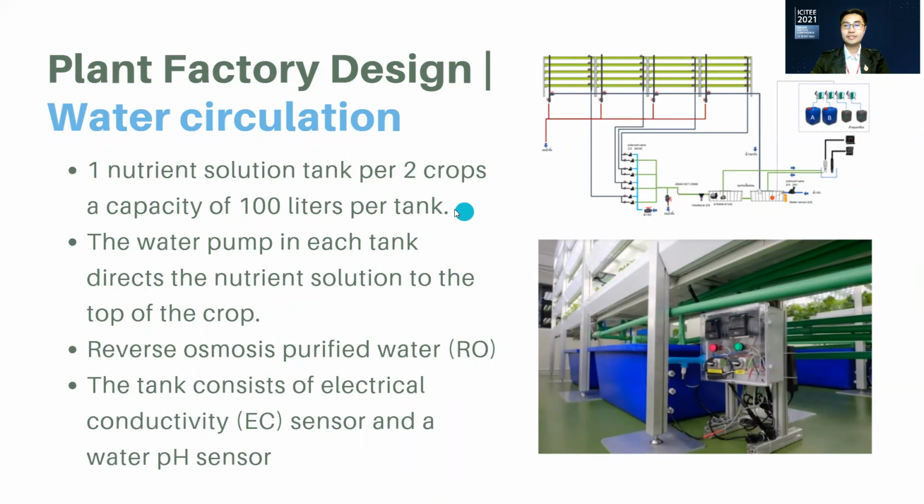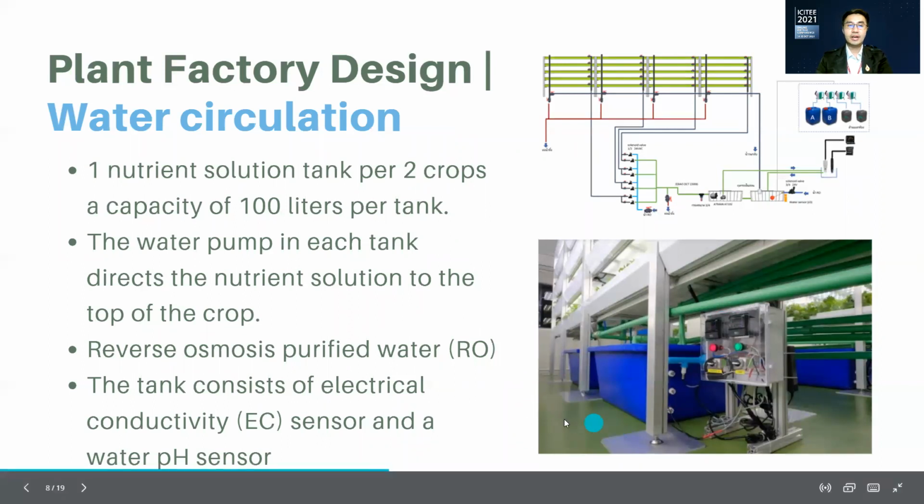The next plant factory design is the water circulation. For the water circulation, we use one nutrient solution tank per 2 crops, with a capacity of 100 liters per tank, and the water pump in each tank directs the nutrient solution to the top of the crop.